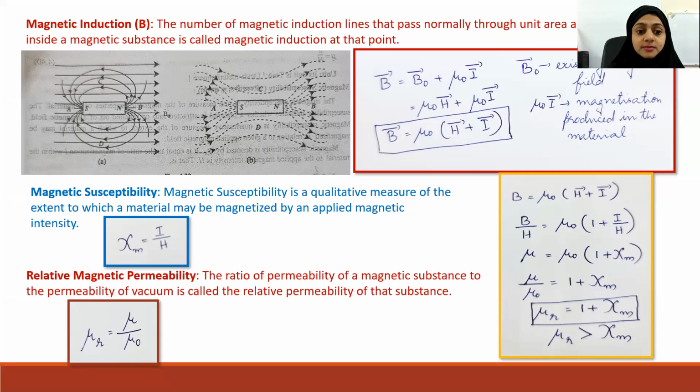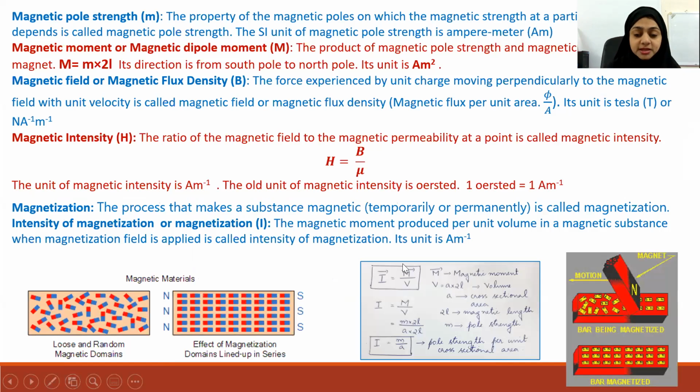So what we have learned so far is the magnetization produced and a few terms related to magnetization, like intensity of magnetization I, that is calculated as the magnetic moment per unit volume or the pole strength per unit cross-sectional area.